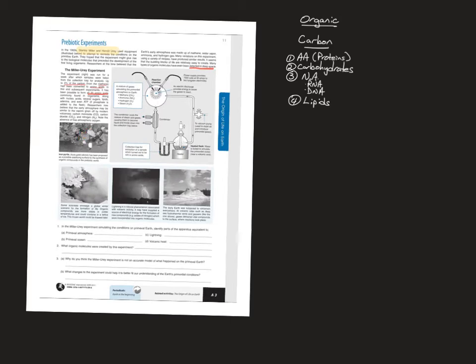So today we think the atmosphere was probably made of carbon monoxide, carbon dioxide, and nitrogen. What's interesting is that there's no oxygen gas listed here.